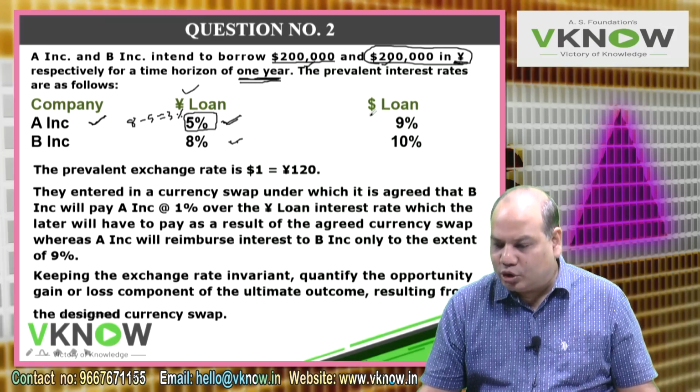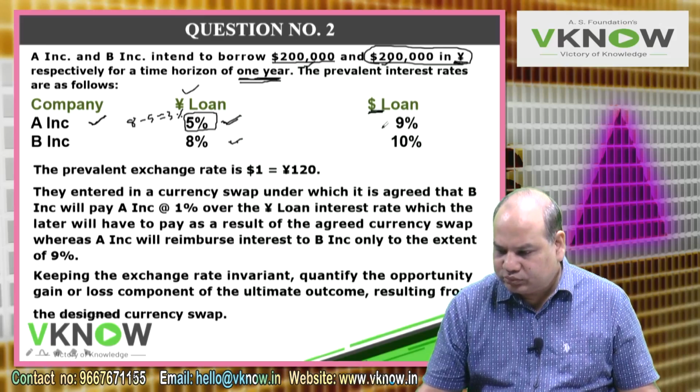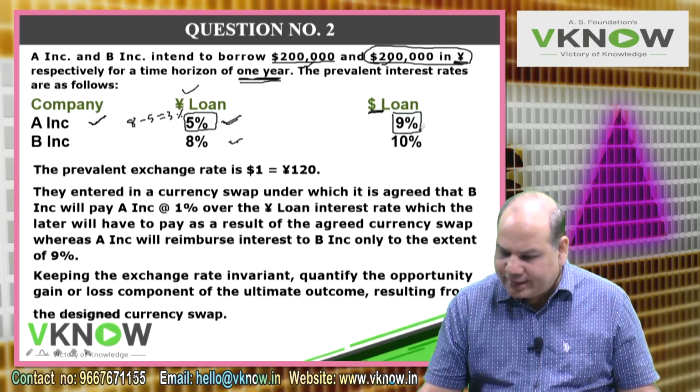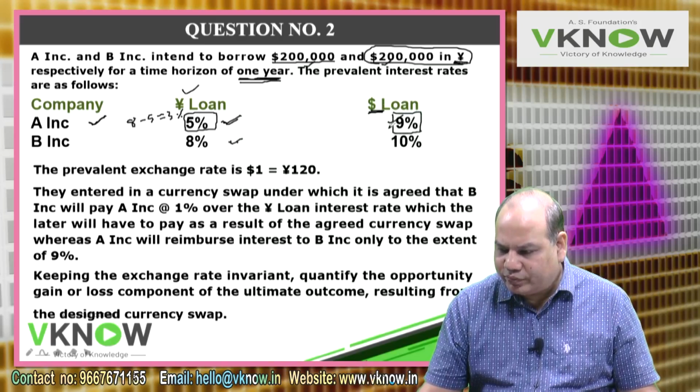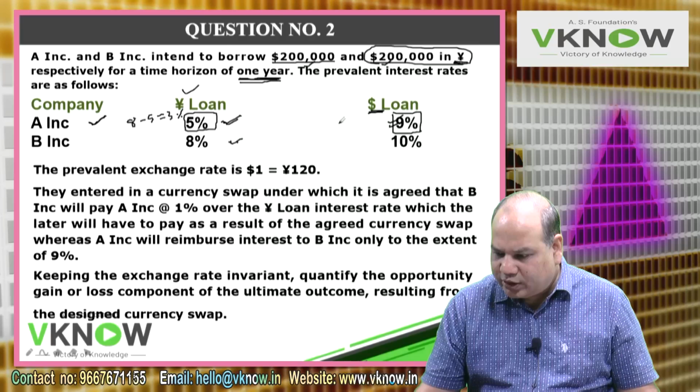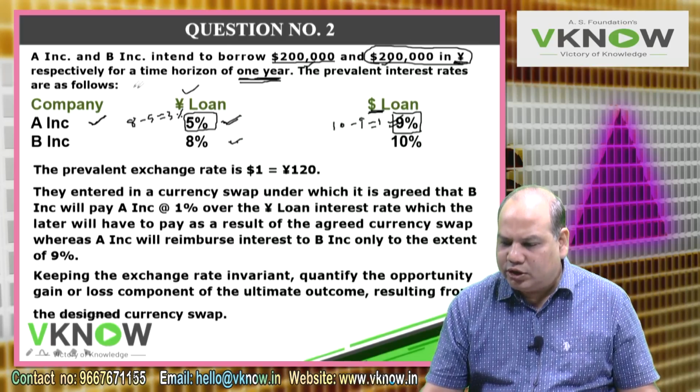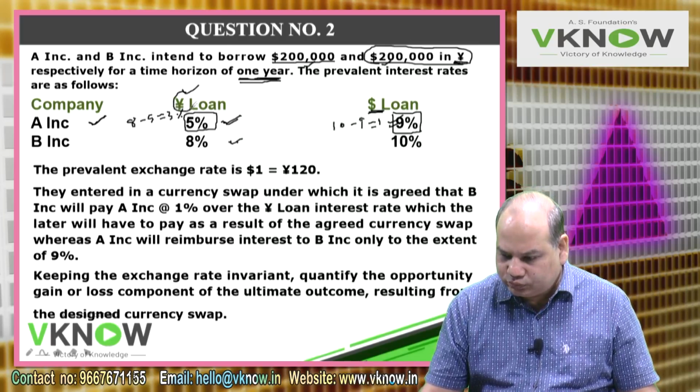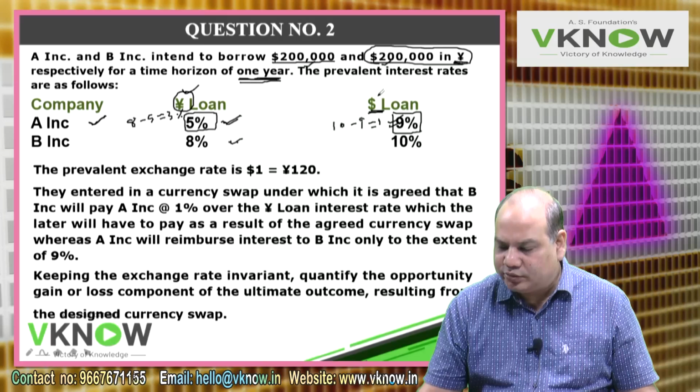Then let us come to dollar loan. A can borrow in dollar loan at 9%, and B can borrow dollar loan at 10%. So who has the advantage here? Again A has an advantage. And how much advantage does A have? 10 minus 9 equal to 1%. In yen loan, it has 3% advantage.